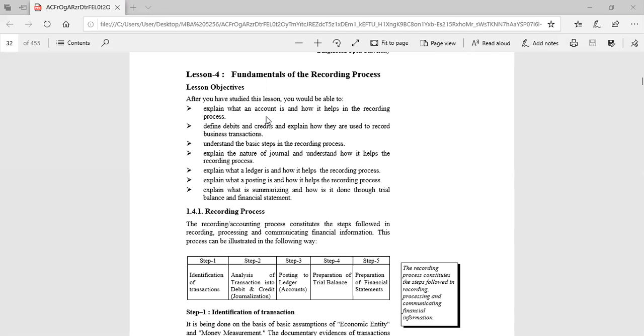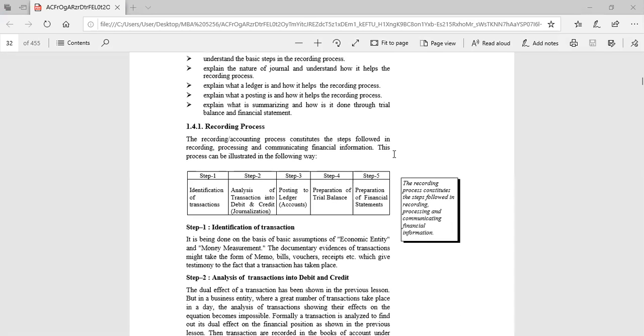Number three, he knows the basic steps of the recording process. Number five, he knows the explanation and nature of the journal. Also, he knows how to do ledger posting, how to prepare a trial balance, and how to summarize the financial transactions in one statement. So, first of all, the recording process.